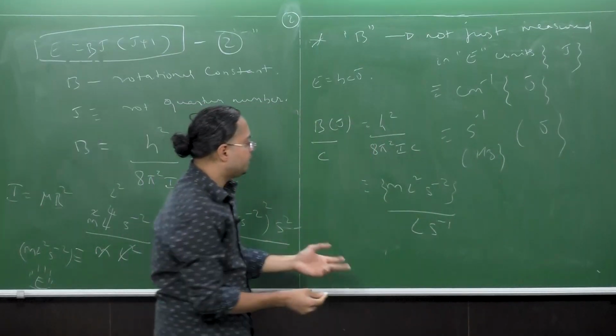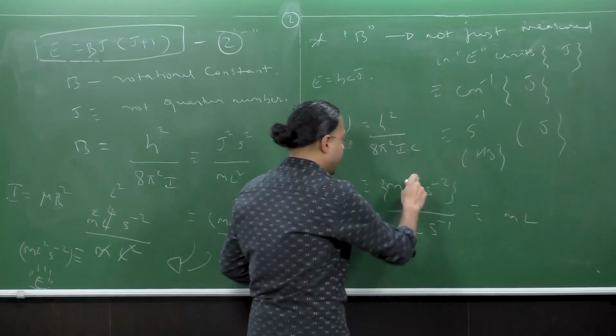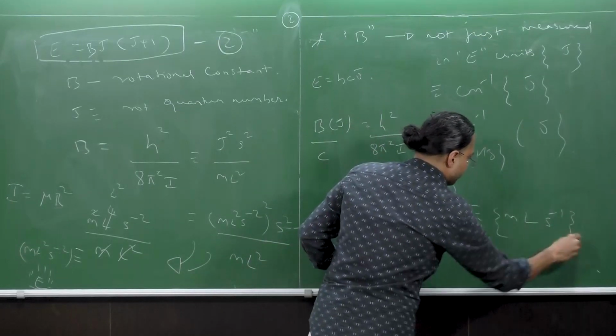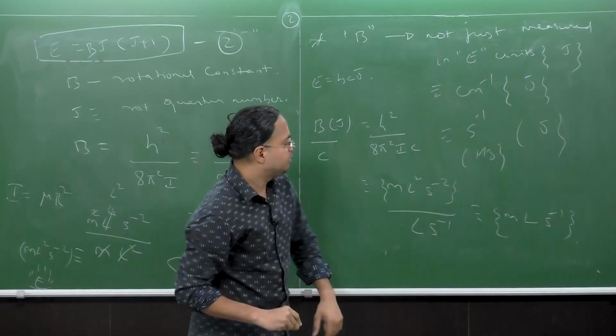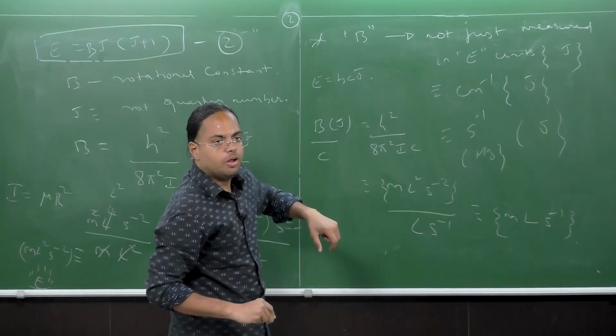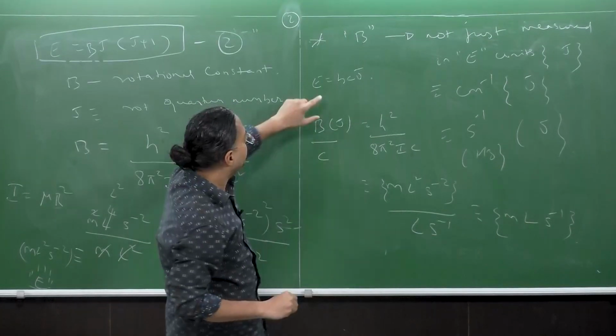So now this is effectively going to be m L s to the power minus 1. Now what does this correspond to? This corresponds to E by c.